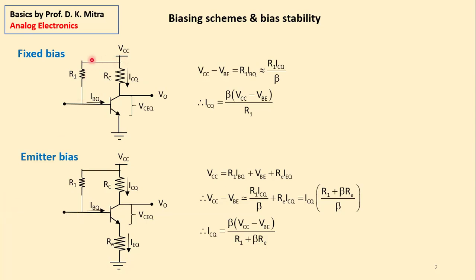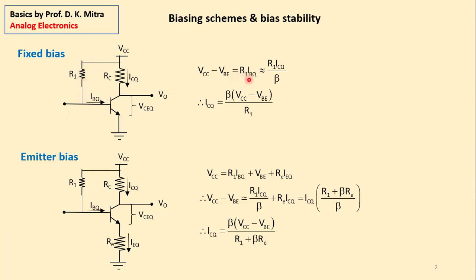If we go to this part of the circuit from here to here, then this equation is VCC is equal to VBE, the forward voltage here. So VCC minus VBE is equal to R1 IBQ, because this base quiescent current flows through this R1.